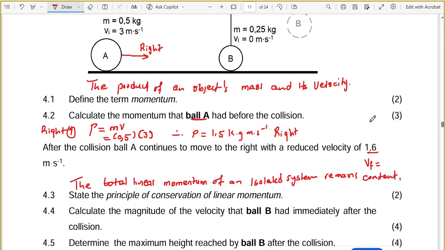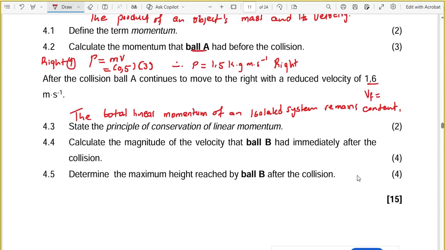Then you get that 2 marks. This is 4 marks, and then they want you to calculate the magnitude of the velocity that ball B had immediately after the collision.